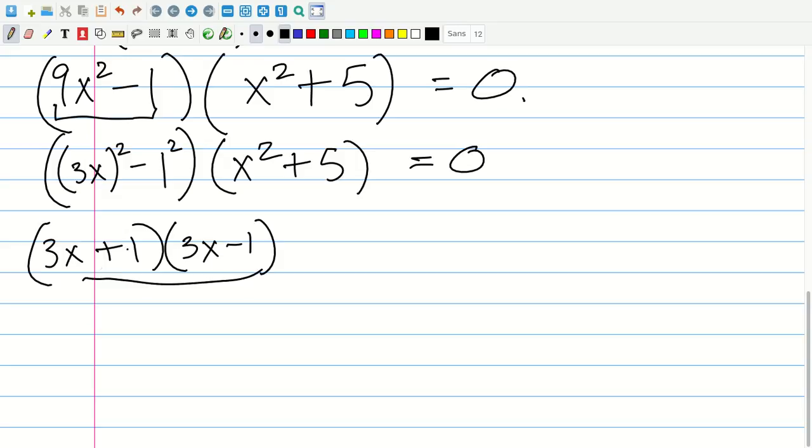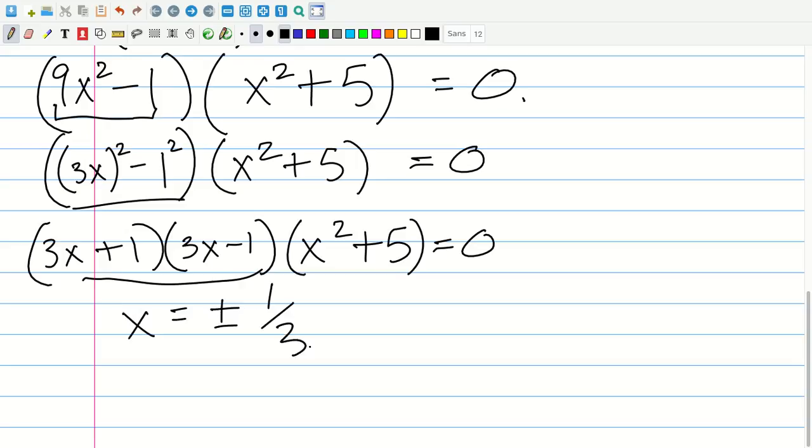So these together will bring about this product. And then I've got x squared plus 5, right? And they want to check if their imaginary numbers actually work out as well. So if I solve this, I've got x equals plus or minus 1/3, right? So that will answer these two guys.